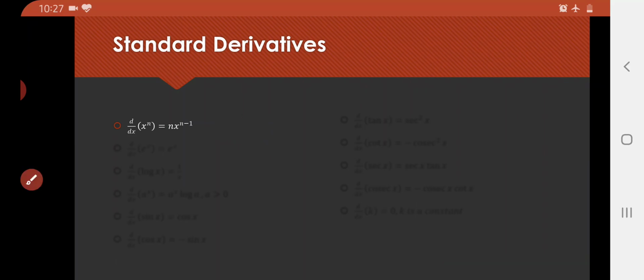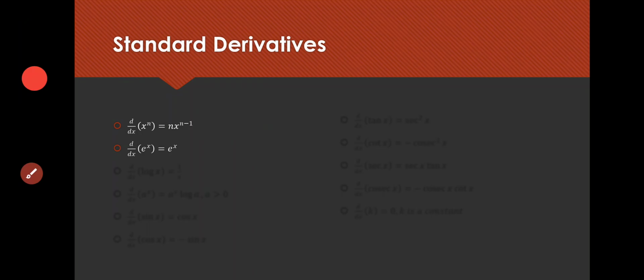Next, d/dx of e to the power x. Now e to the power x is the standard base or the natural base. So the derivative of e to the power x remains unchanged, it is e to the power x only. Then d/dx of log x is 1 by x. d/dx of a to the power x is a to the power x into log a, obviously a greater than 0.